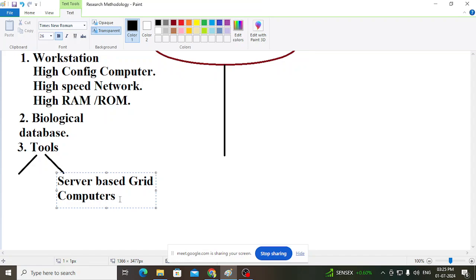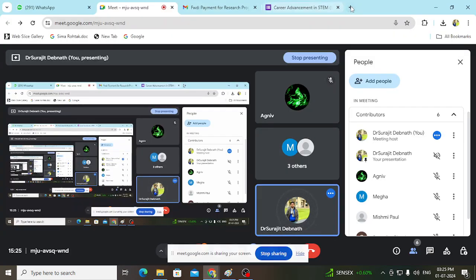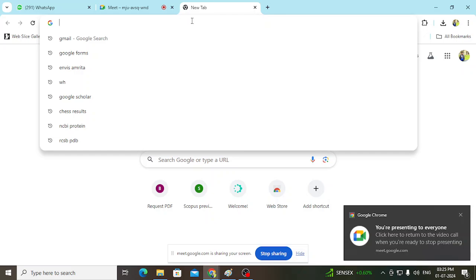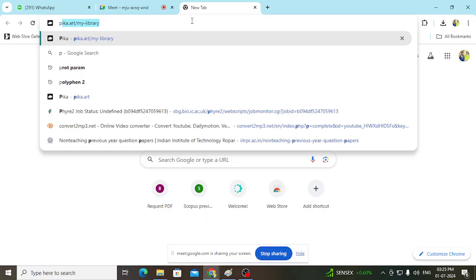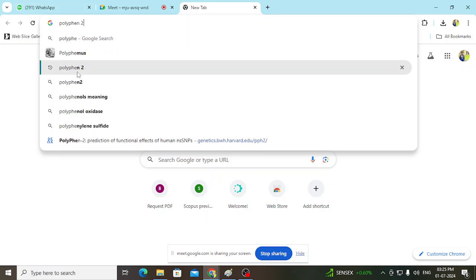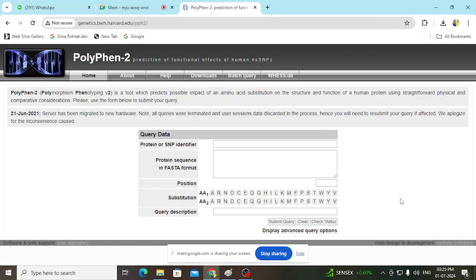for example. We will give an example now. For the example part, we will go to this. This is a server based grid computer.